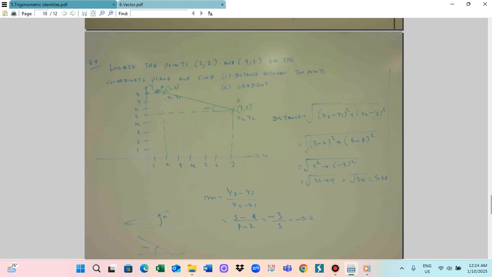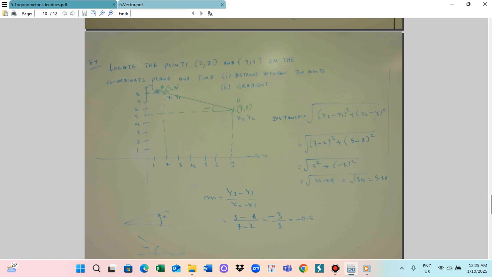In this case, m is the gradient and b is the y-intercept, the value of y when h is equal to 0.